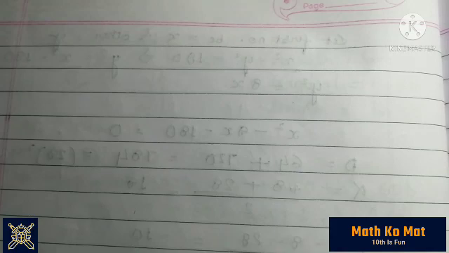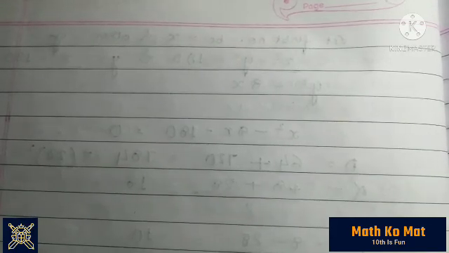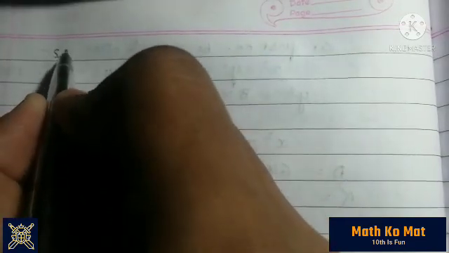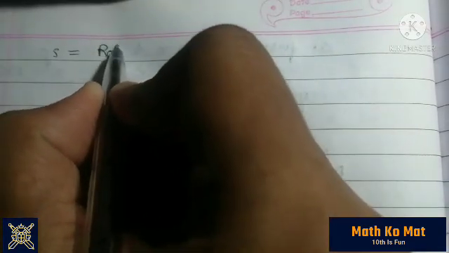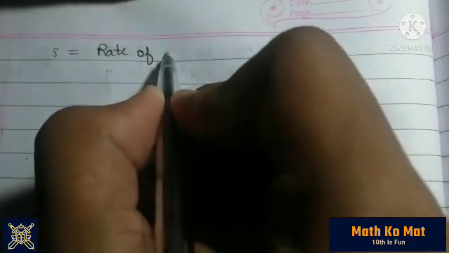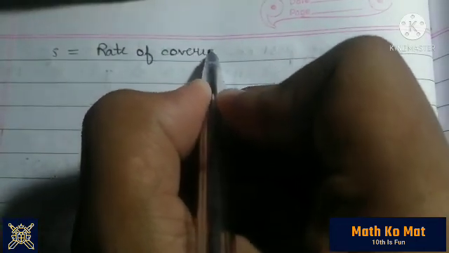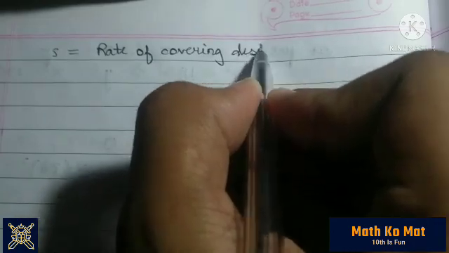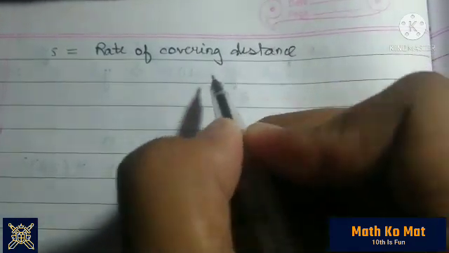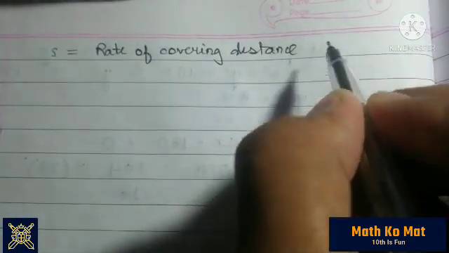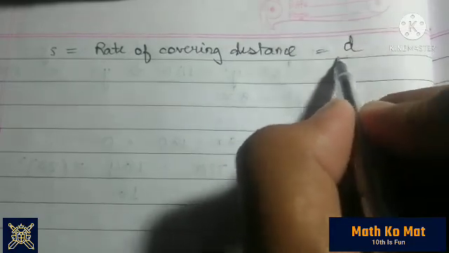Similarly, in the case of work done, there's a concept called efficiency. We know that speed is the rate of covering distance, and that's found by dividing the distance by time.